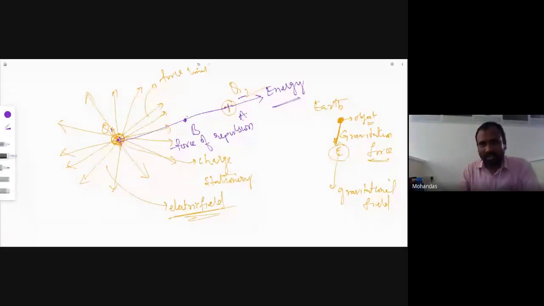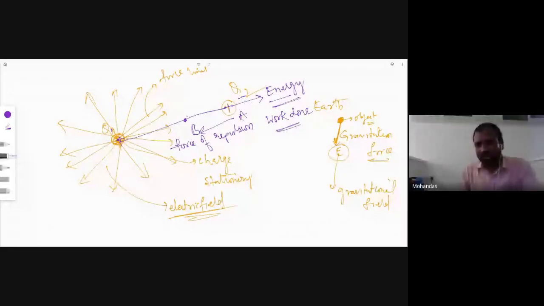If you expend some energy, we can say some work is taking place, or work done. Work is done to move the Q2 charge from A to B.